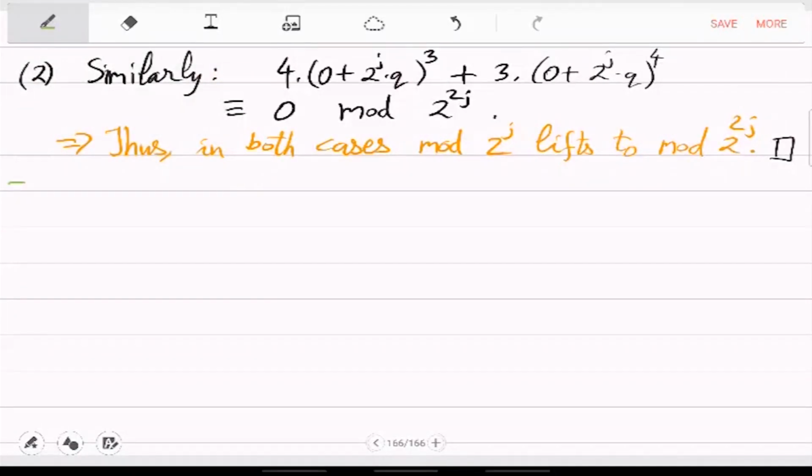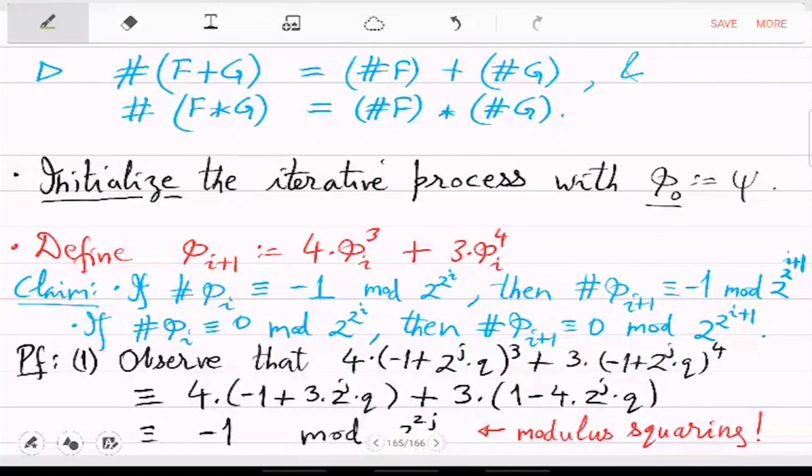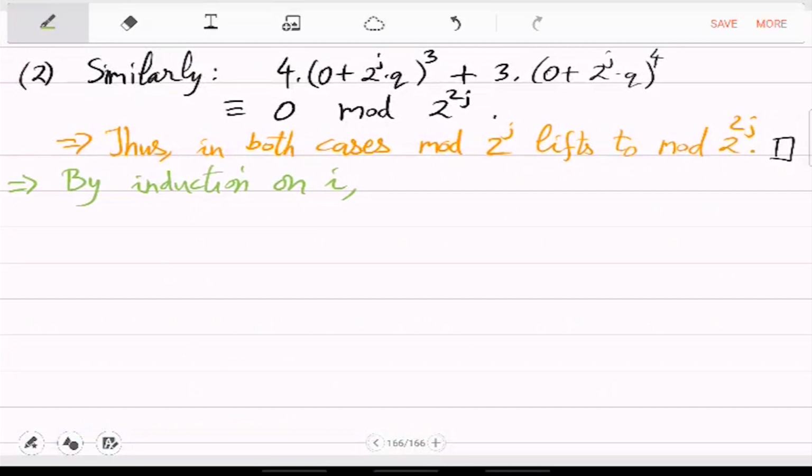So this also means that by induction on i, this phi i plus 1 formula, if you keep repeating it, we deduce that phi i for i around log m, go up to log m, and you will get what you wanted in lemma 2.